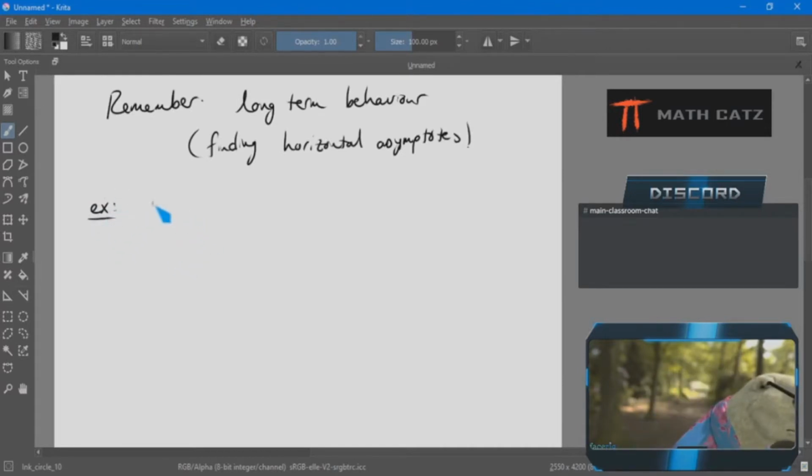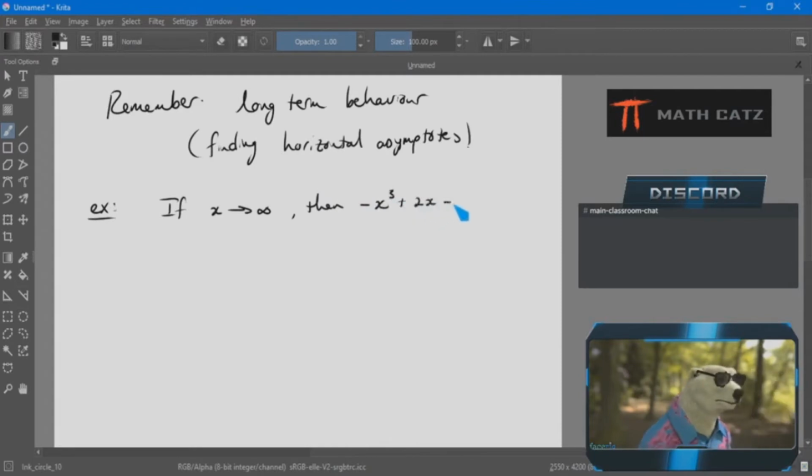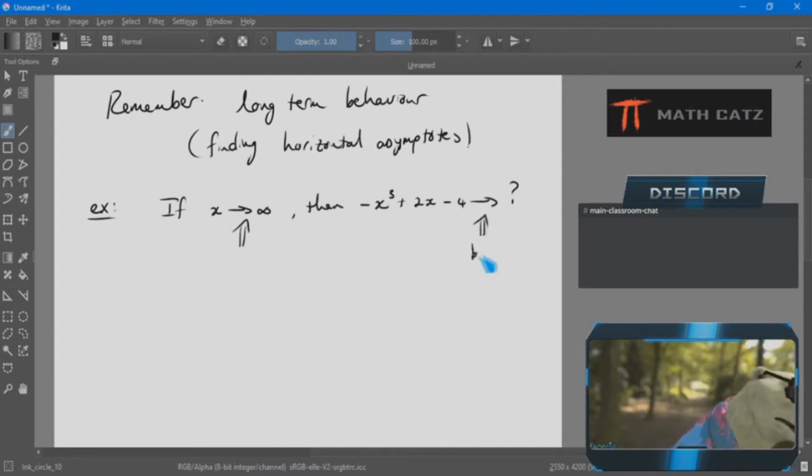It's a random polynomial. We said that if x, for example, approaches infinity, then I may want to find out what does negative x cubed plus 2x minus 4 do. That's a typical question that we ended with last time. So now I'm looking for how this function behaves.